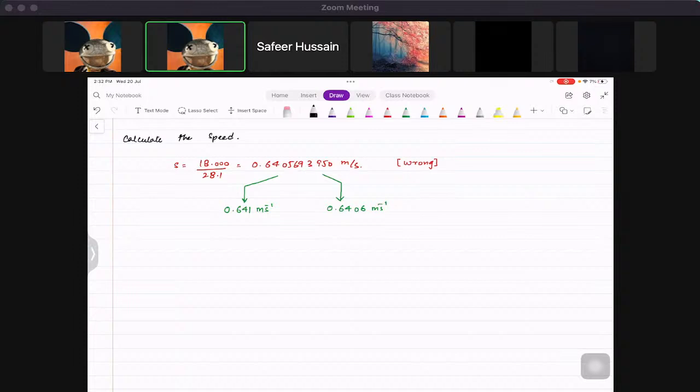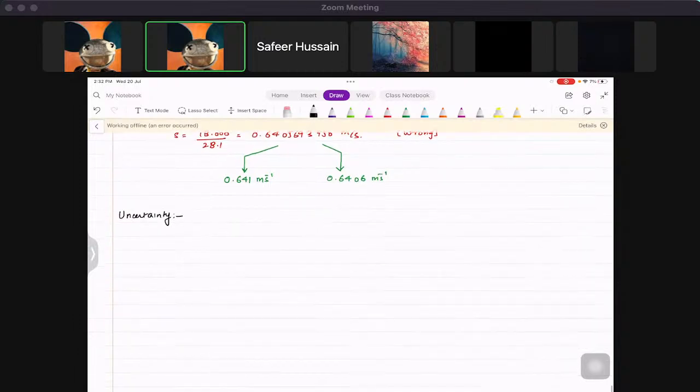So this is the major topic that we are going to do. Now, uncertainty is generally there in almost every instrument. So there could be uncertainty in the reading, and there could be uncertainty in the measurement.